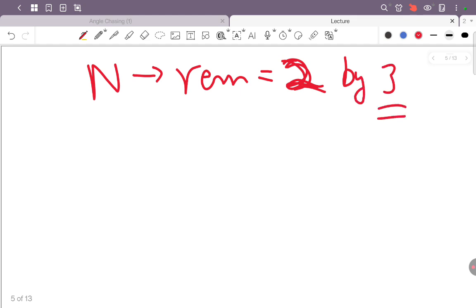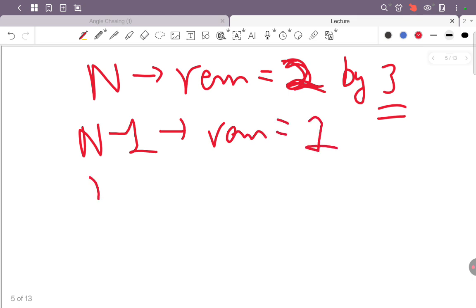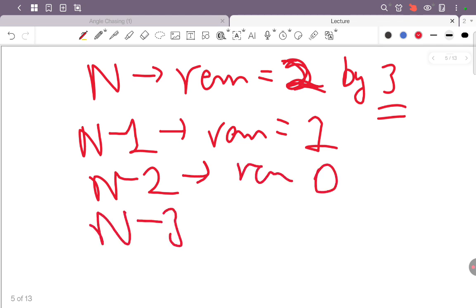Then if you see n minus 1, what will that give? Simple, 1. And what will n minus 2 give? 0.